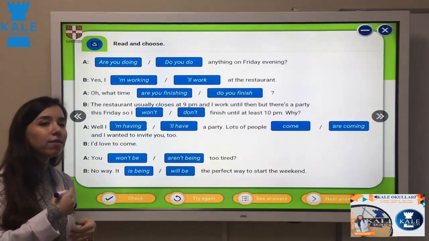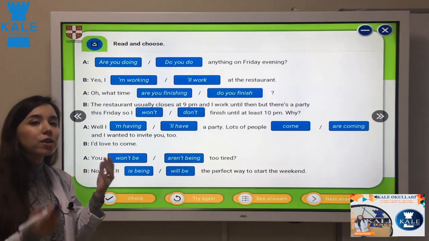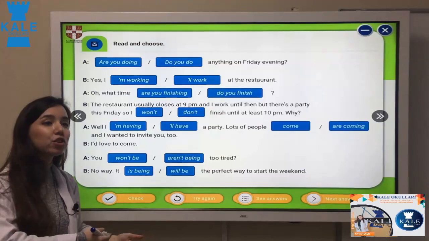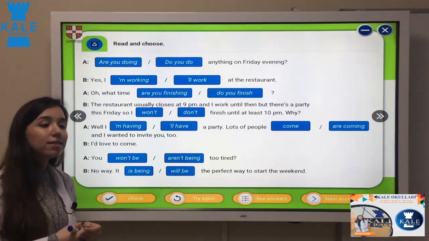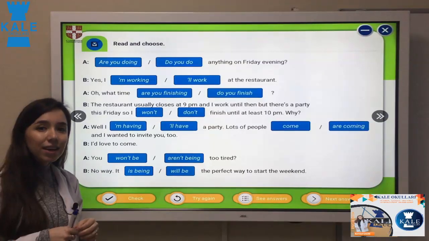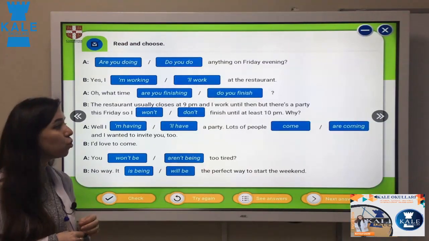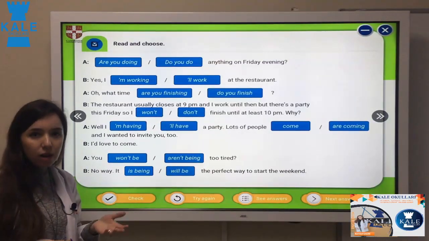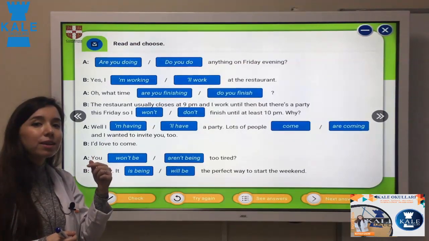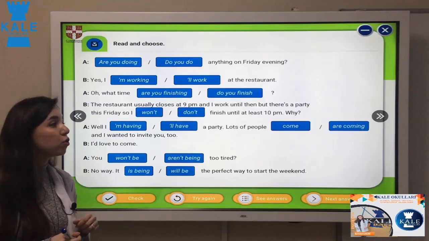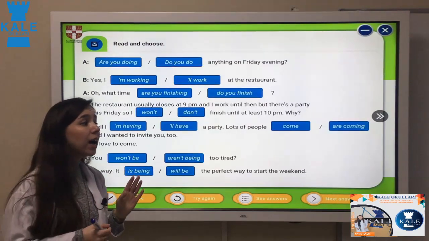When we can use will, when we can use present continuous, which one is for intention, which one for prediction. Yes, all the time. One of the best ways to learn English is to practice all the time, for all lessons, not just English, because language is something that most students just lose.